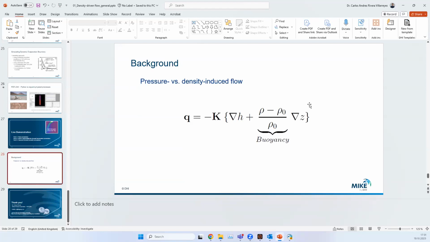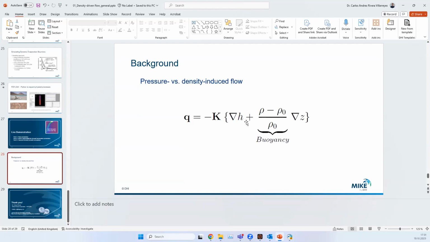With the three different scenarios, I would like to test whether it's important or not to implement density-driven flow in the system. So you see this equation, this is again Darcy's law, and then you need to ask yourself, if you want to implement density-driven flow in the system, which are the dominant forces in this equation? So we have pressure or forces, so it's a strong hydraulic gradient.